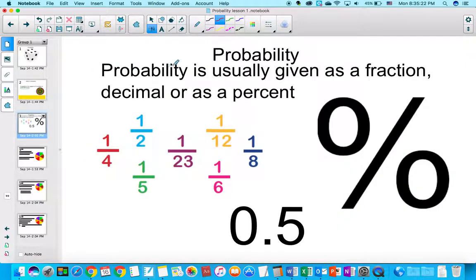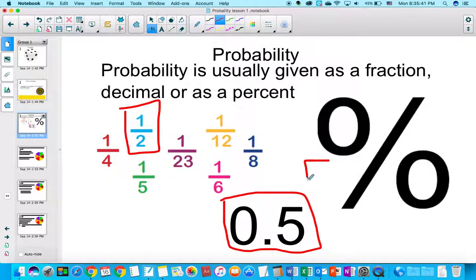So probability is usually given as a fraction, a decimal, or a percent, right? And if you remember from last year and our review from grade 7, you can convert a fraction into a decimal and into a percent. 1/2 can be converted into 0.5, and 0.5 can be converted into 50%, and in any which way you want.